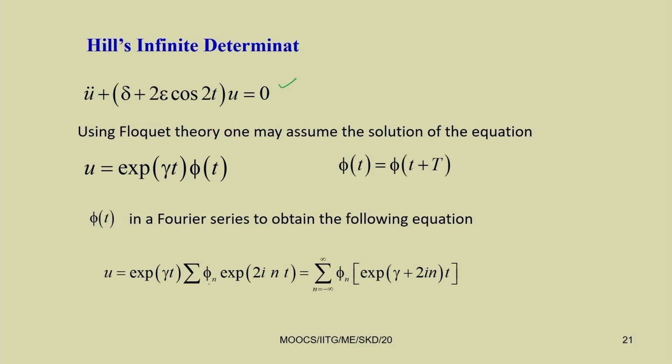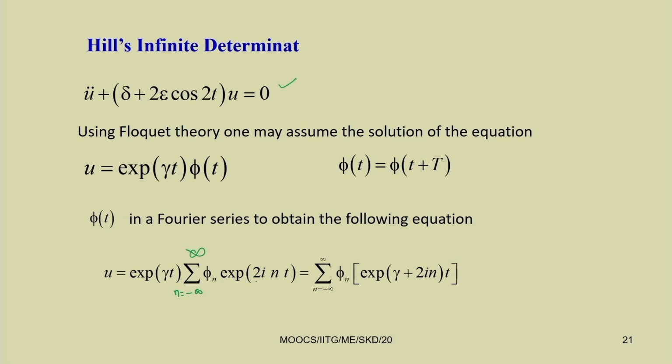That can be written as the sum of phi n e to the power 2 I n t, where I equal to root over minus 1, with n running from minus infinity to plus infinity.